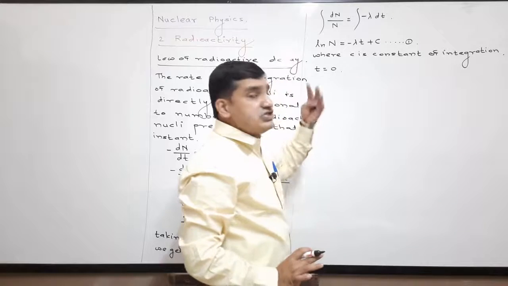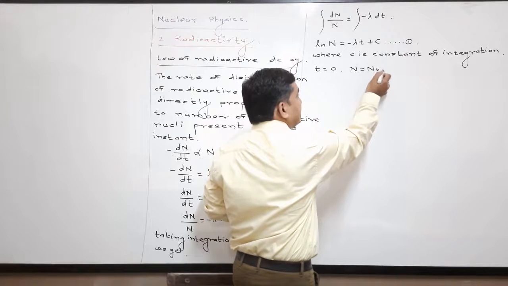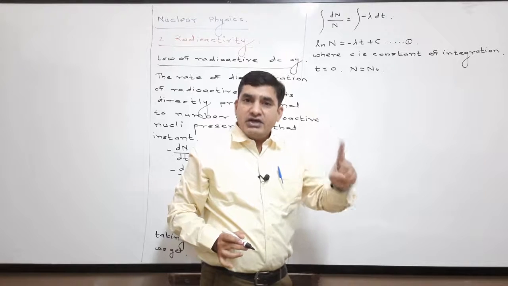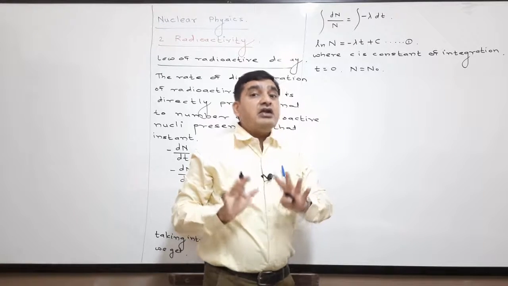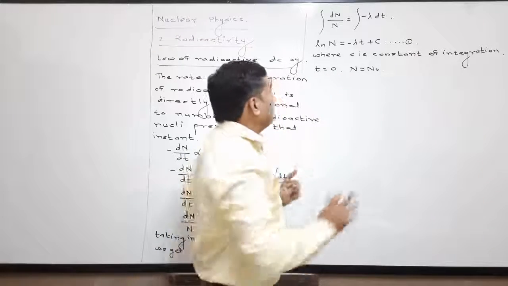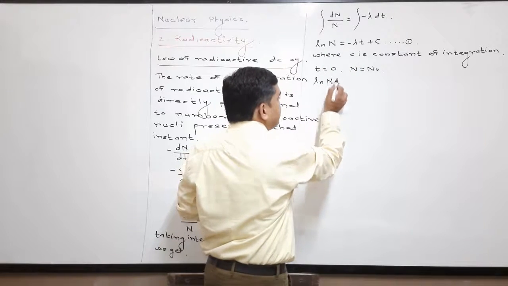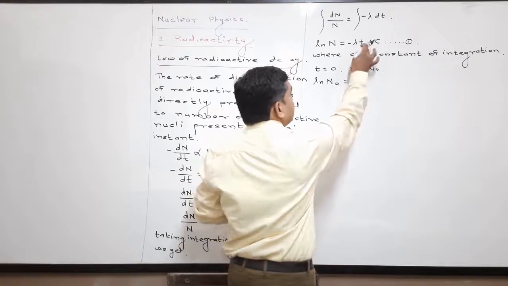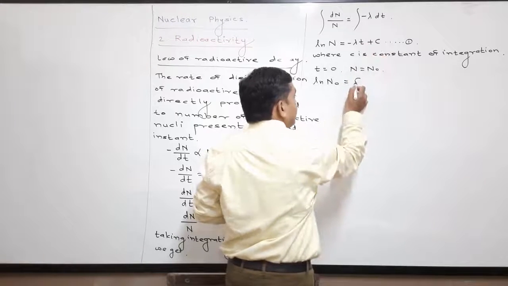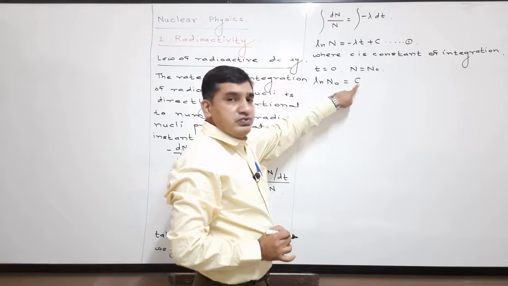Therefore, at the initial time, N is considered as N0, the original number of radioactive nuclei. The radioactive nuclei are not disintegrated when t equals 0, and therefore equation 1 becomes ln of N0 equals minus lambda into 0, which is 0, plus c. So, ln of N0 is equal to c.